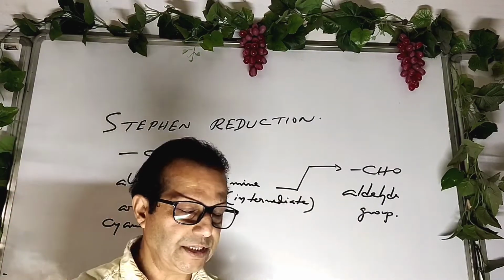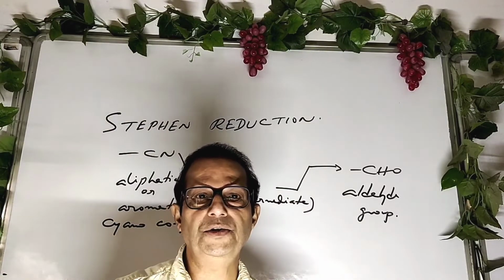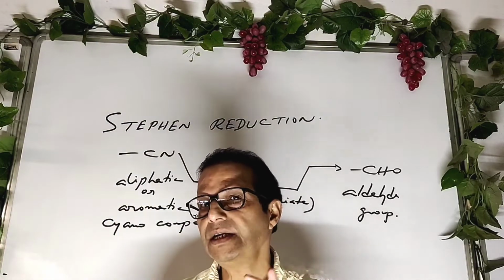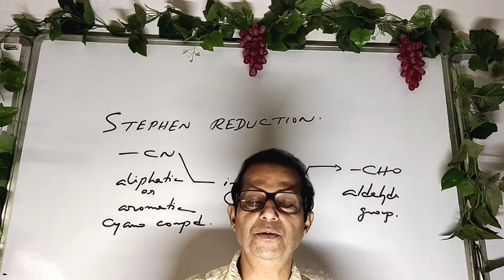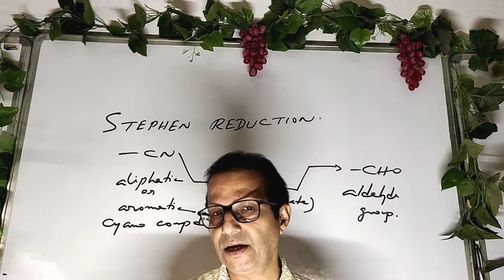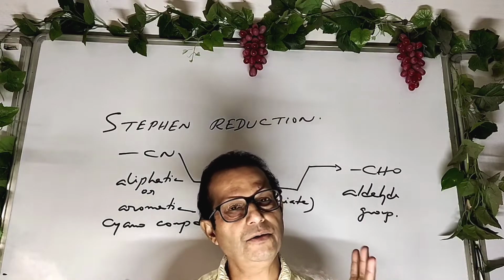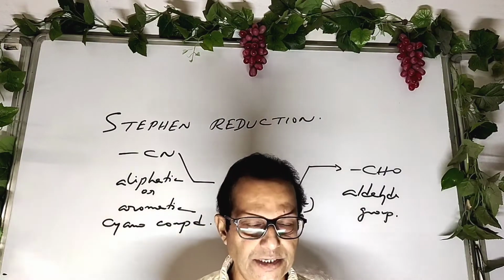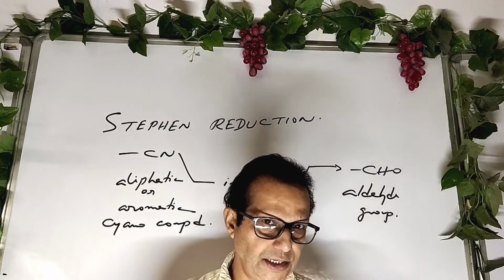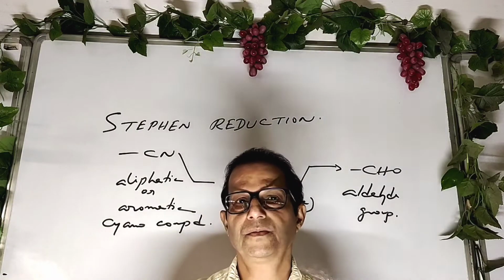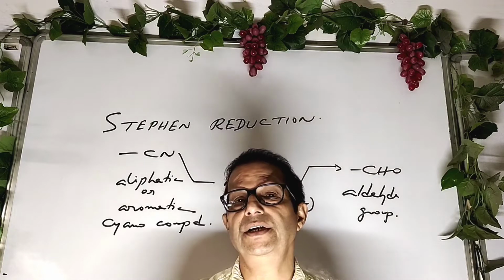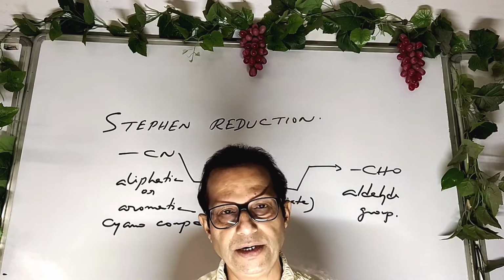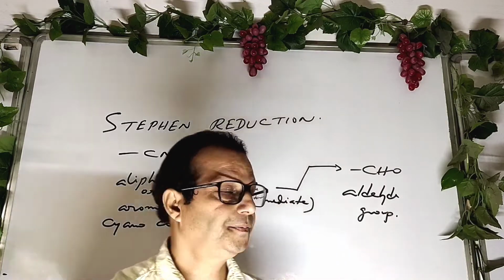In organic chemistry there are lots of reducing agents, but in this reaction the most applicable reducing agent is tin dichloride and concentrated hydrochloric acid mixture. Whenever you mix tin dichloride and concentrated hydrochloric acid, it furnishes nascent hydrogen, which is actually responsible to undergo the reduction.